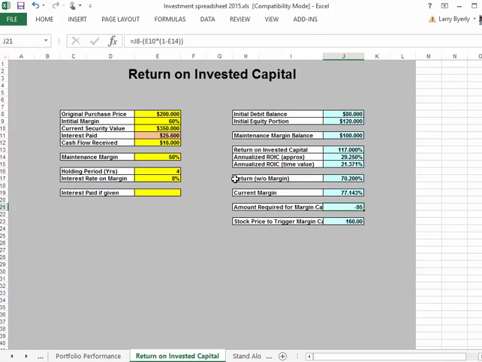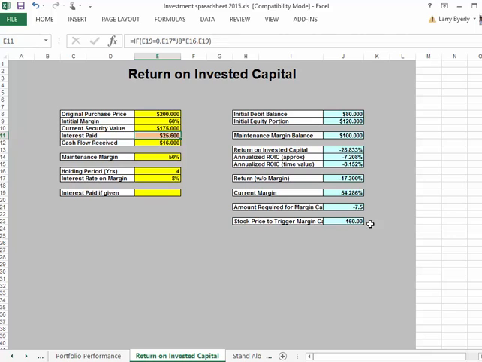So what would happen if the price, instead of going to $350, fell to $175? At $175, you can see that the returns have changed, obviously. We have negative returns. And the current margin is 54%, which is still more than 50%.